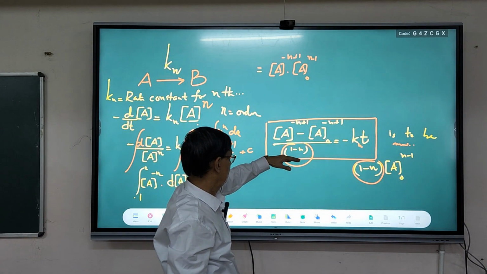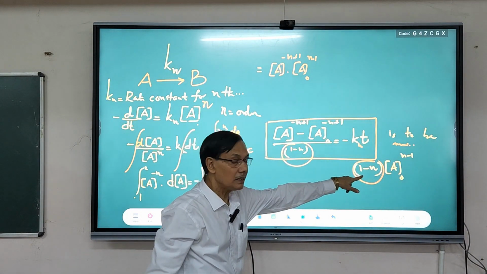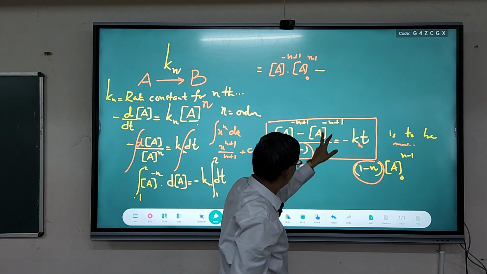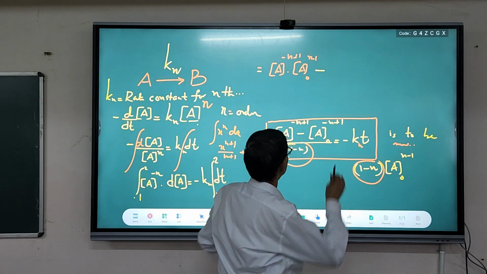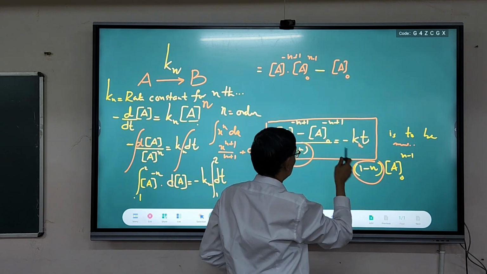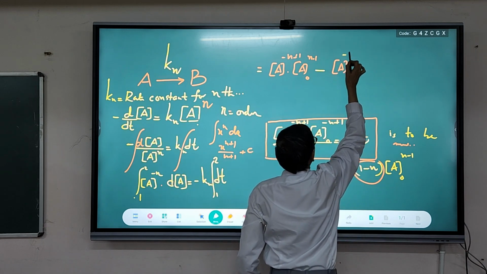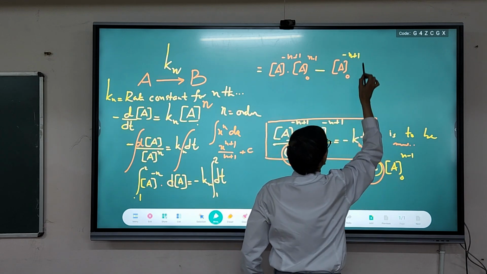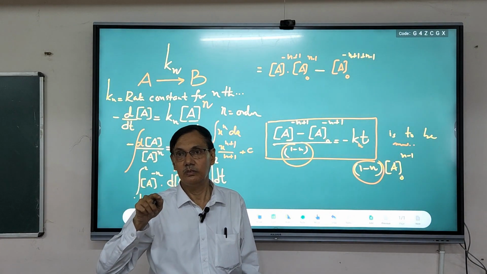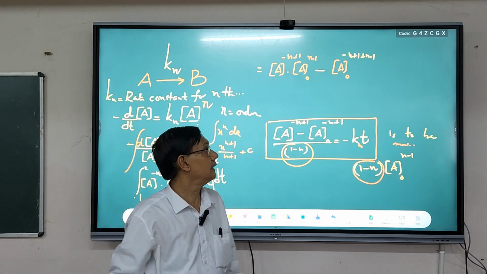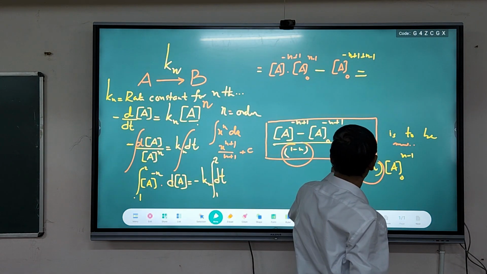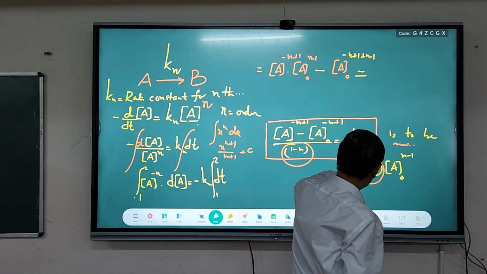The denominator part cancels out. Minus, now this A0 is multiplied by this, again this cancels out, so we get A0 with the same power, minus n plus 1 plus n minus 1. Then this is equal to minus kt multiplied by this.